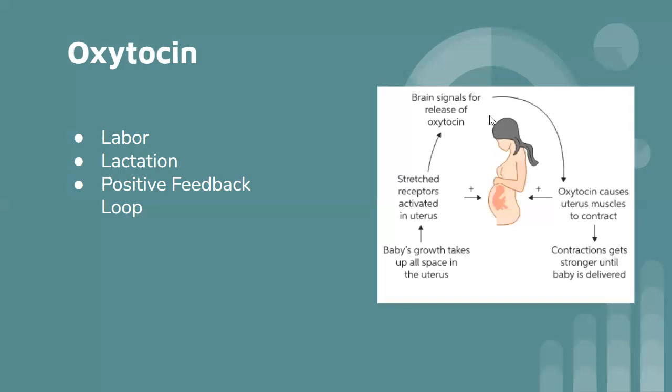This is a positive feedback loop because as signals are sent up, more hormone is sent out. And so this continues until the baby is born. And then, of course, we don't need contractions anymore. And so signals are going to stop being sent to the hypothalamus, which is going to cause oxytocin to stop being sent back out. Okay.